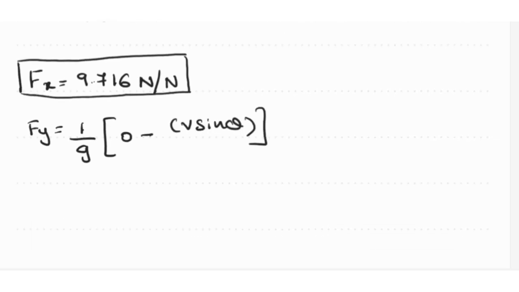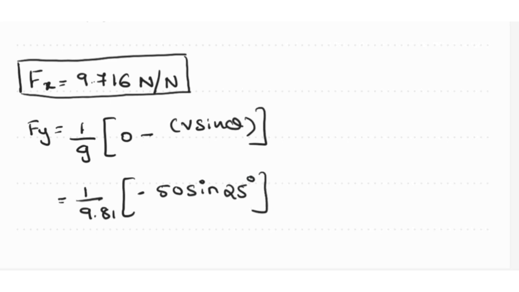v sin theta. So let us substitute here the values: 1 divided by 9.81, minus 50 sin 25.